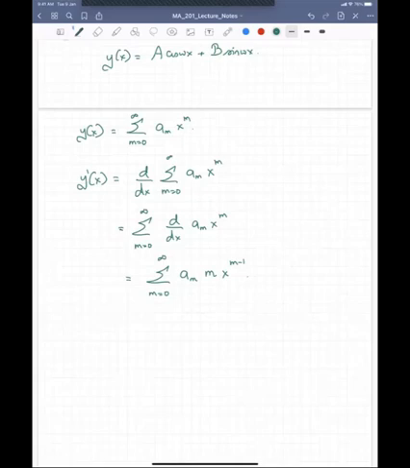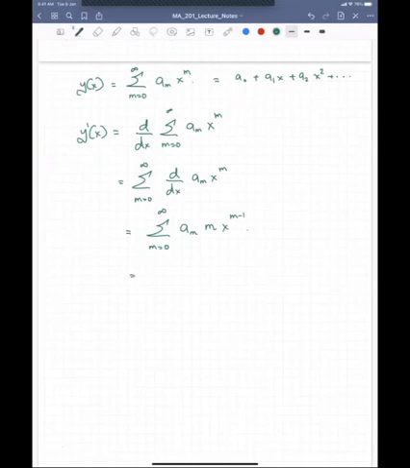So the first term in this series is only a1. If I can write y as a0 plus a1 x plus a2 x squared and so on, I can write y prime as: m equals 0 is just 0, m equals 1 is a1 times x to the 0, which is 1, plus 2 a2 x plus 3 a3 x squared and so on and so forth.